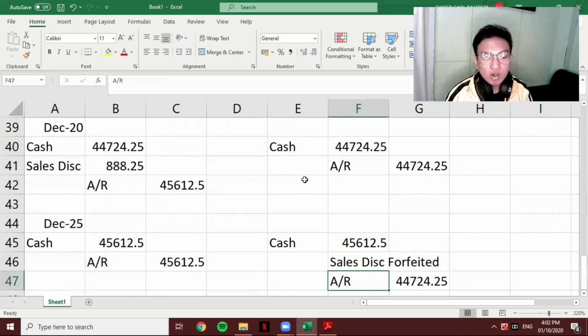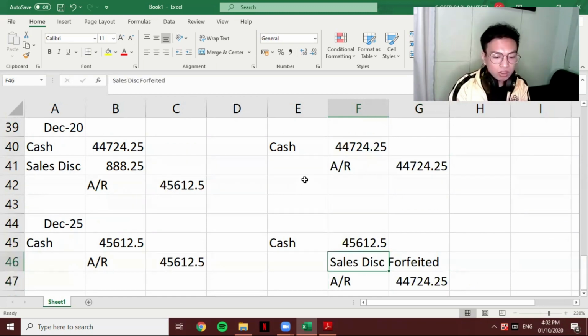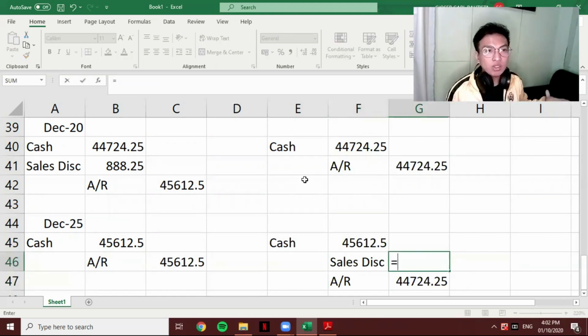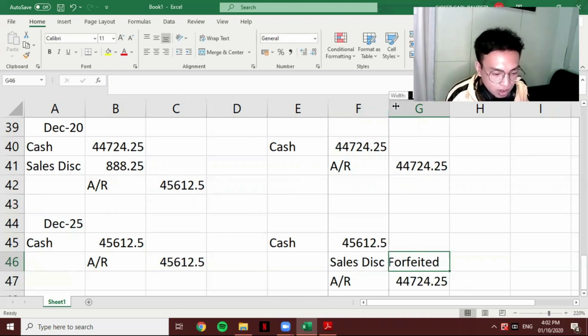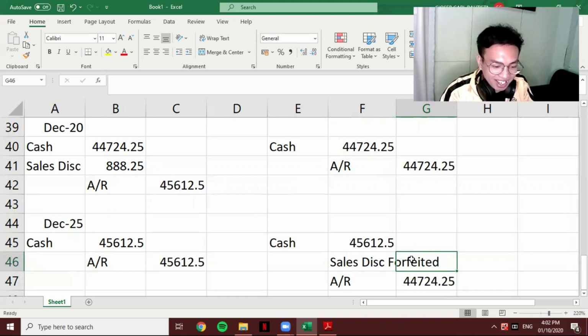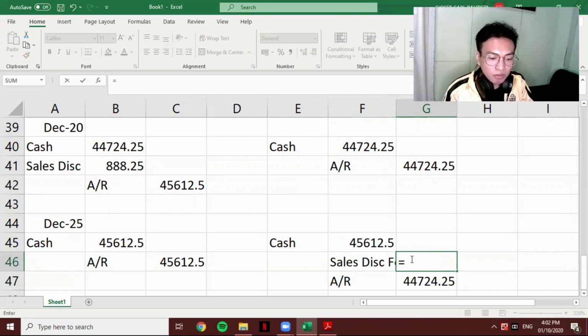That is what we call sales discount forfeited. Unlike kay purchase discount loss, the sales discount forfeited is credited. Why? Because kung purchase discount loss ni buyer, ang hindi po na-take na sales discount naman ng ating buyer will be our gain. So this is other income or gain. Sales discount forfeited. Baka makita nyo lang ay sales discount, sabihin nyo pa, mali-mali yung turo. So what will be the sales discount forfeited?